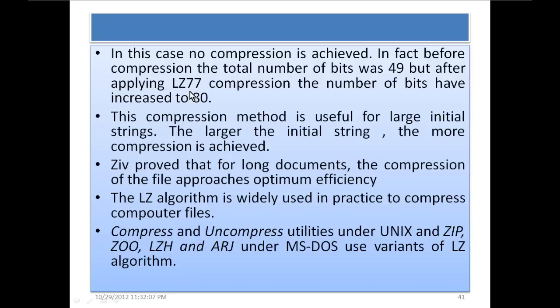As we can understand from this, compress and uncompress utilities are again lossless compression methods, and this is a very efficient method of compressing large files. But it has an advantage. What is the advantage? That it does not require knowing the probability of the symbols.